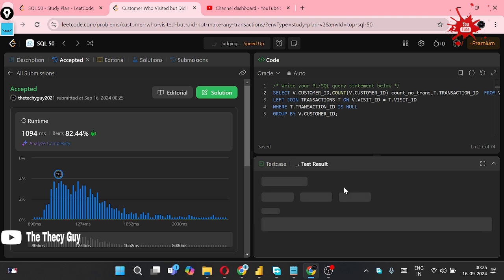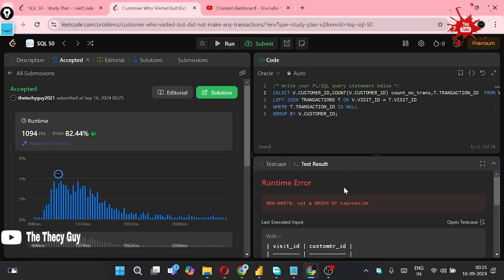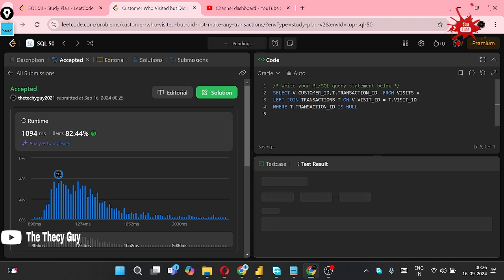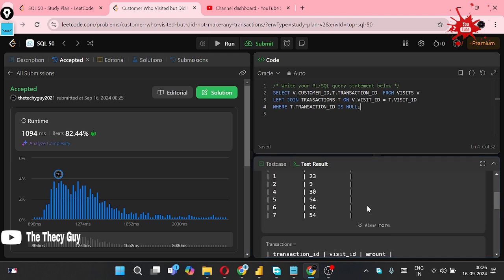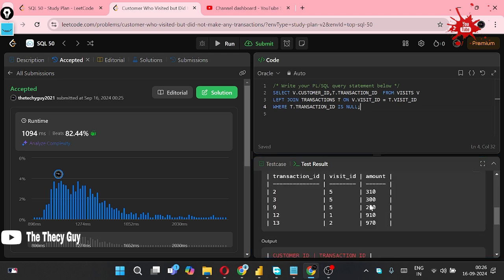Look, not a group by expression, because you are not using this in your group by. And why do we need group by? Let's say we remove this and remove this group by as well, so it will not show you any count. Yeah, look, so it is giving you this.